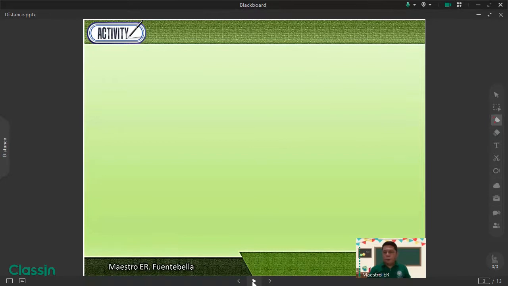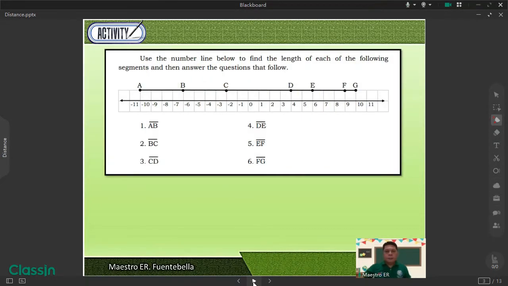Okay, so let's have now an activity. Use the number line below to find the length of each of the following segments and then answer the questions that follow.